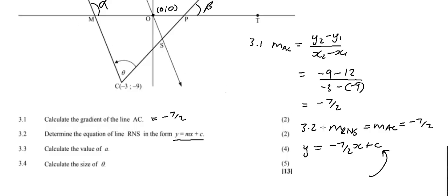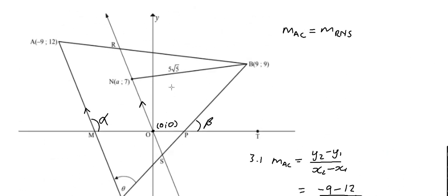It is very easy to find c. All it takes is substituting a point that that particular line passes through. RNS passes through R, it passes through N, it passes through the origin, and it passes through S. Which of these points has full coordinates? Clearly it's the origin.